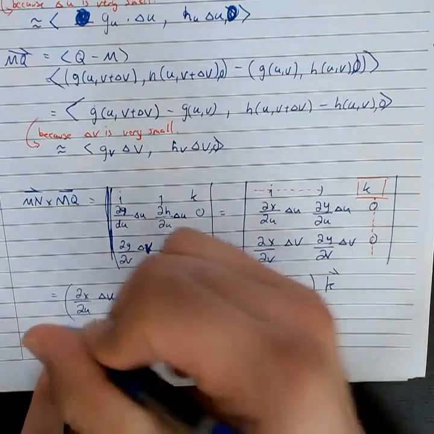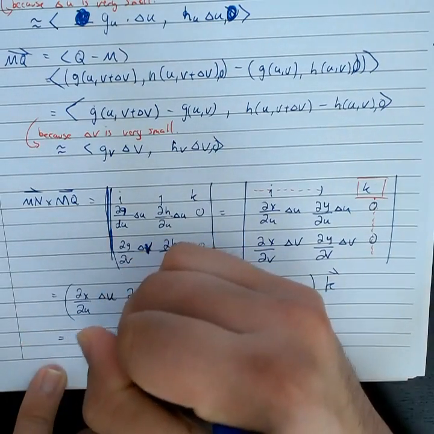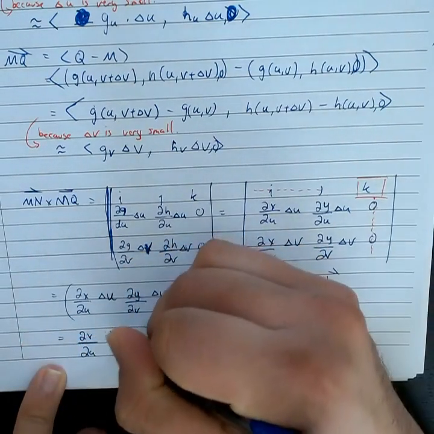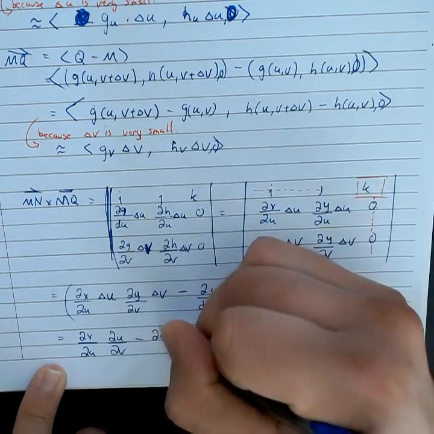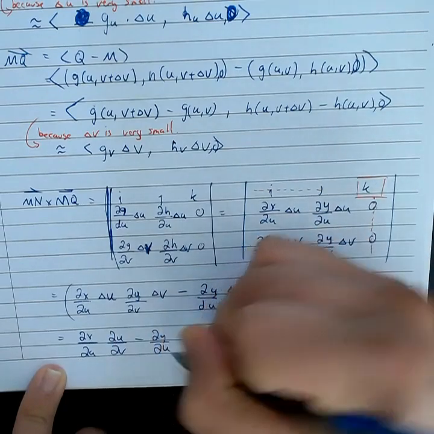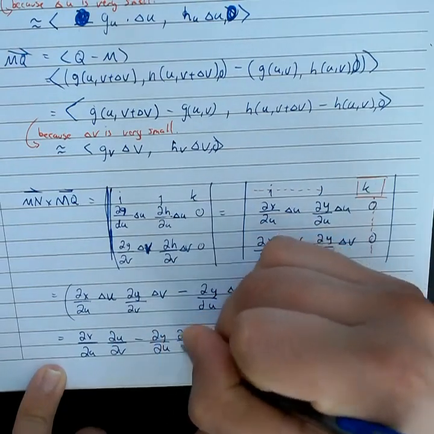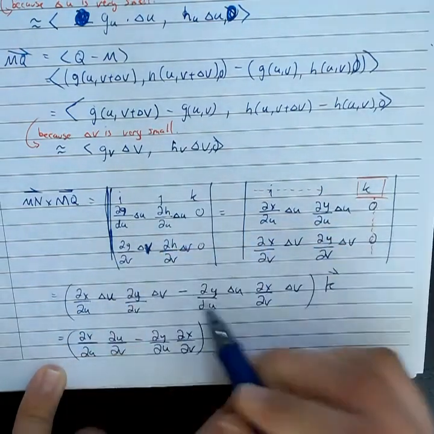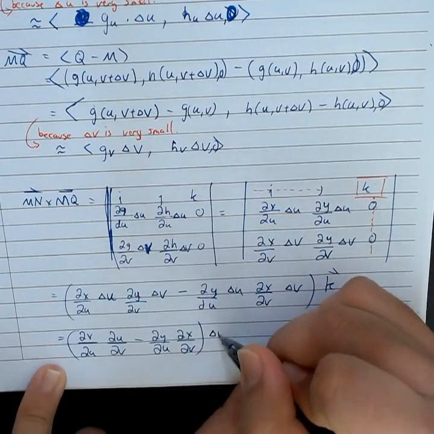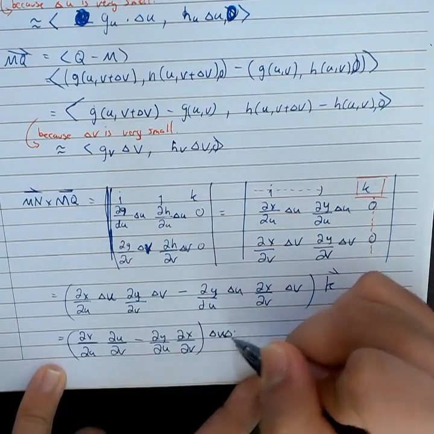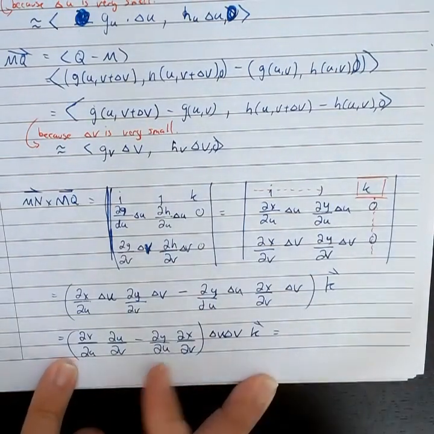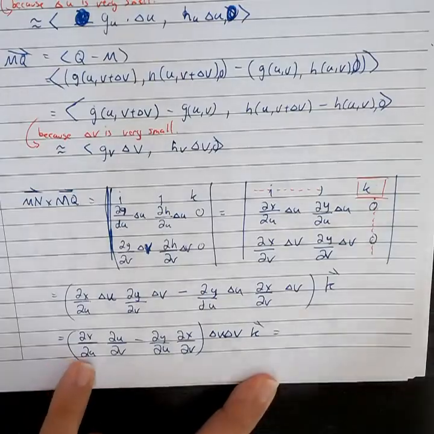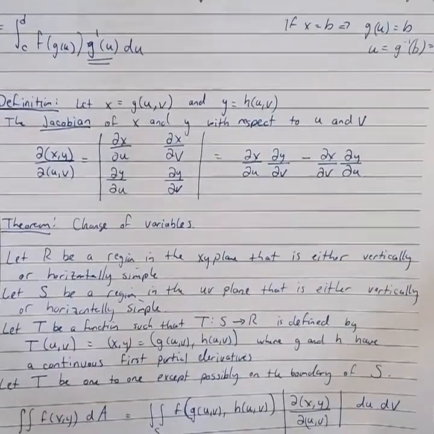So this can be written as del x del u times del y del v minus del y del u times del x del v, times delta u delta v, which I've gone ahead and factored out, k. Or more simply, if you look back at our definition from before, this is the Jacobian.